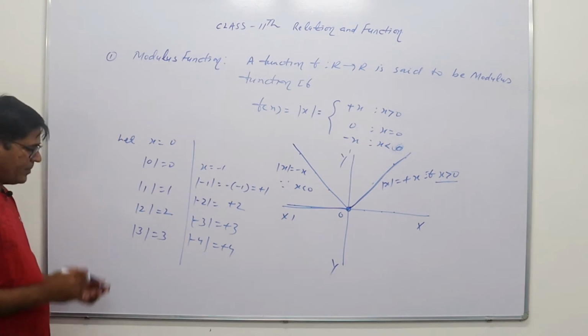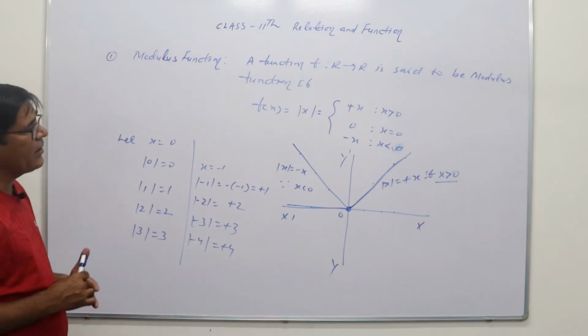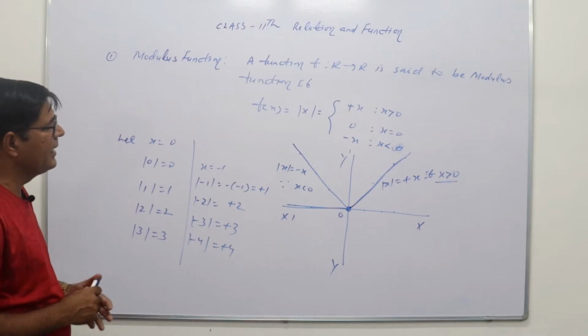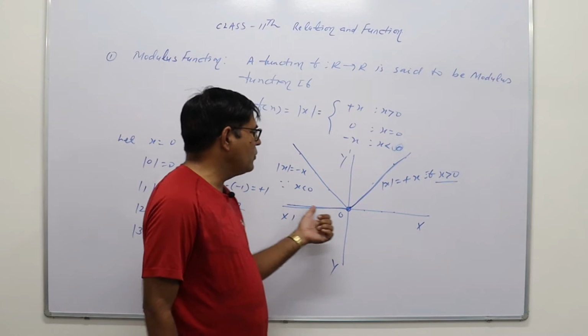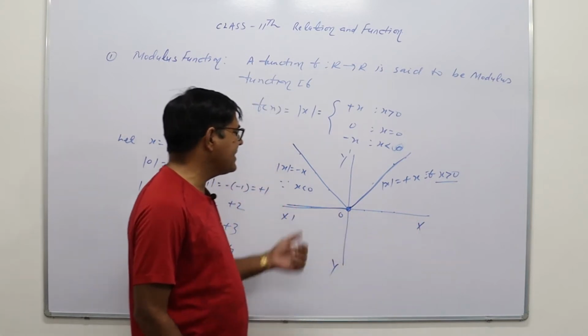Now by simple observation, if we have to find the domain and range of this function, then see, the graph is attaining all the values of x which lie on the x-axis.